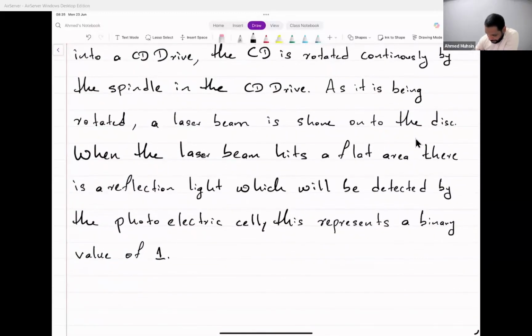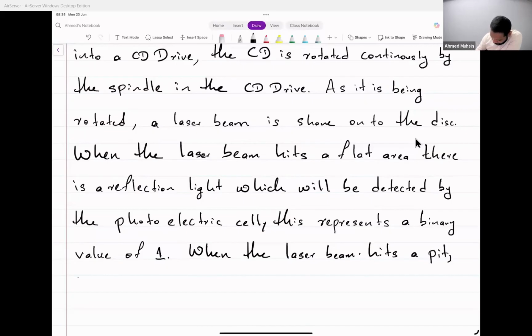When the laser beam hits a pit, there is no reflection of light.